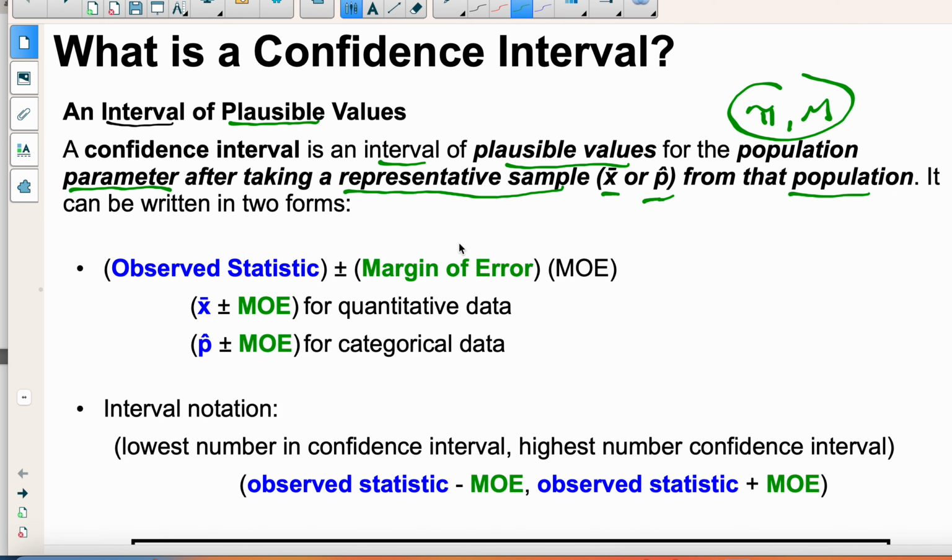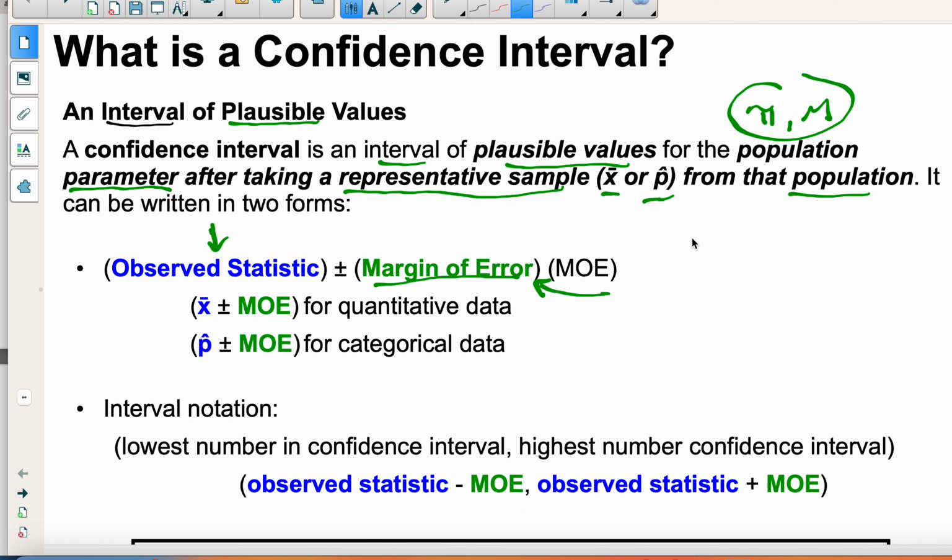There's two forms. The first way is called the margin of error form. The format is we take that observed statistic from our representative sample, either x bar or p hat, plus or minus what we call a margin of error. This is sort of the wiggle room.